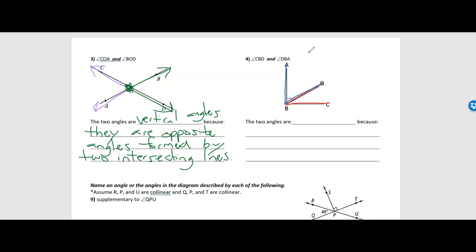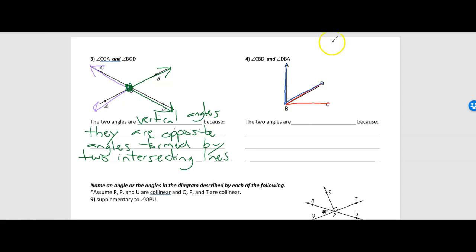Now that strictly deals with just their measurements. It doesn't tell the reader that they're also connected in a way that makes them adjacent. So I would actually accept 2 answers here. I would accept a complementary answer if you said that they sum to 90 degrees, or I would accept an adjacent answer. So you could say that they're adjacent angles because they share a side and a vertex.